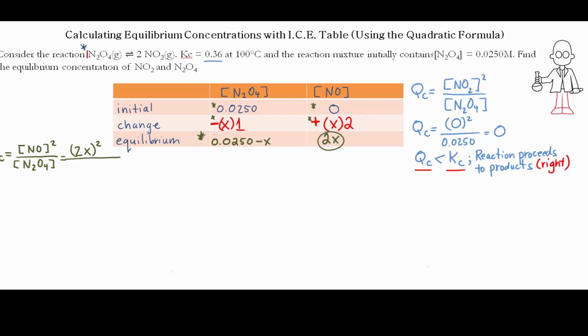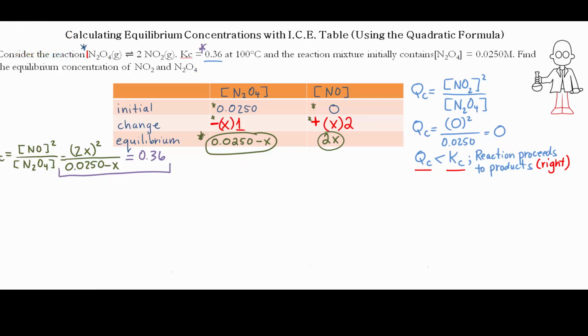I need to take the N2O4 concentration here and put that in, and that's going to be 0.0250 minus x. So at that point, I can then set this equal to my equilibrium constant here of 0.36. So this is the equation I will use to solve for the change in x.